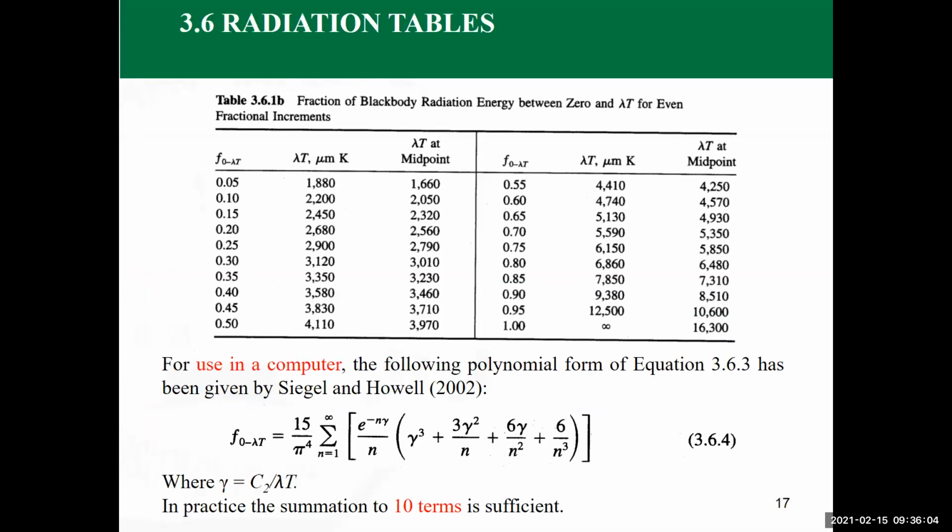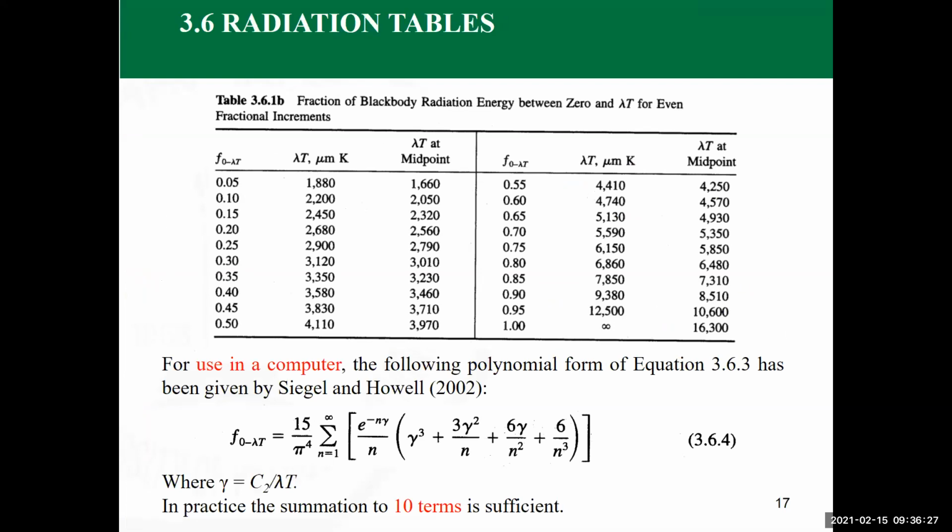And that's what has been done here by Siegel and Howell, who were some of the pioneers of radiation heat transfer. They represented that fraction F from 0 to lambda T, the ratio between the subtotal emissive power and the black body radiation for the entire wavelength.